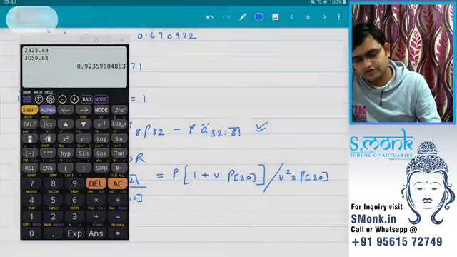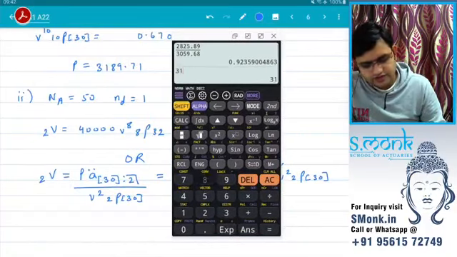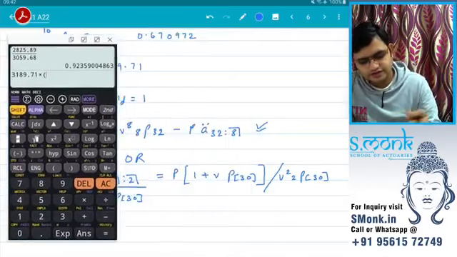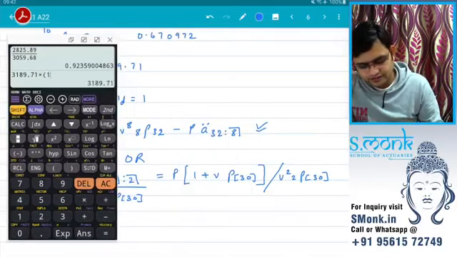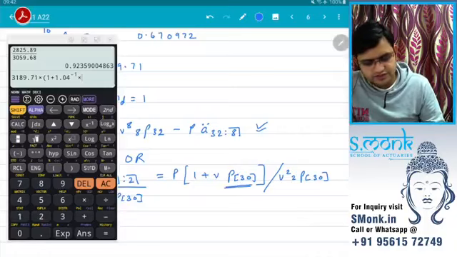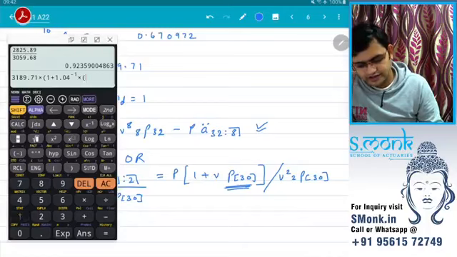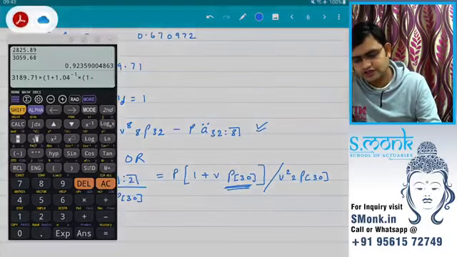So premium was how much? Premium was 3189.71 into, in bracket, we'll have 1 plus 1.04 raised to minus 1 into this P select 30. P select 30, I will write it as 1 minus Q select 30.